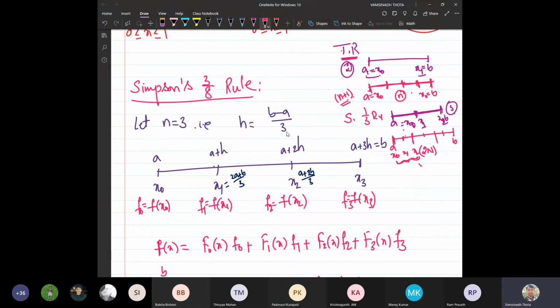Similarly, from x2 to x4, I can apply Simpson's 1/3 rule, and similarly here also. Remember, every time in Simpson's 1/3 rule, we need to divide the entire interval into an even number of subintervals, 2n subintervals. Obviously, the number of nodal points will be 2n plus 1.